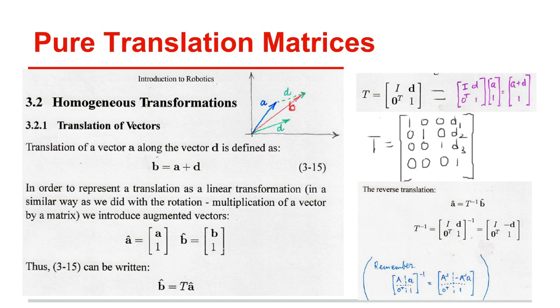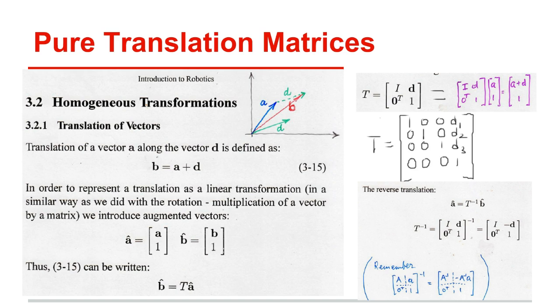So first, don't let this confuse you, this hat right here does not necessarily mean a unit vector. In this case, it means it's an augmented vector. So you have to realize on a case-to-case basis what exactly you're dealing with when you have the hat on top of the vector. In this case, they're augmented vectors, and in order to get the desired trait of adding two vectors together, you can refer back to this top right diagram where the translation matrix is going to be a 4x4 matrix.